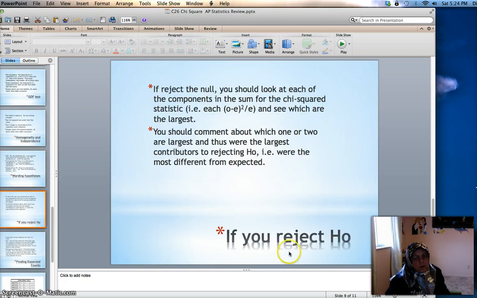Now, what do you do if you reject the null? Okay, if your p-value ends up being so small that you do reject the null, then you should look at each of the components in the sum for the chi-squared statistic, so each observed minus expected squared over expected, and see which are the largest, and you should comment about which one or two are largest, and thus were the largest contributors to rejecting the null.